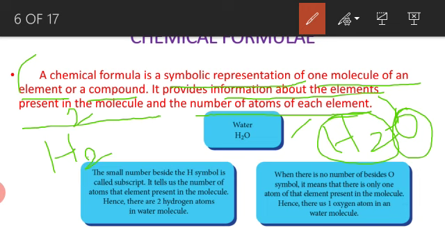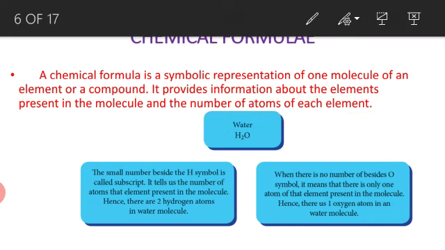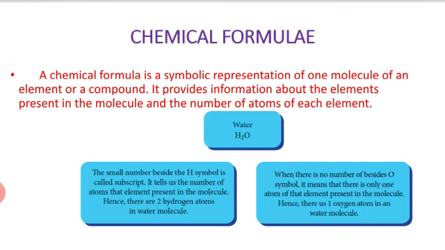You see, a small number beside the hydrogen symbol is called subscript. The 2 indicates the subscript, which means 2 hydrogen present in the molecule. Right. 2 hydrogen present in the molecule and 1 oxygen present in the molecule.